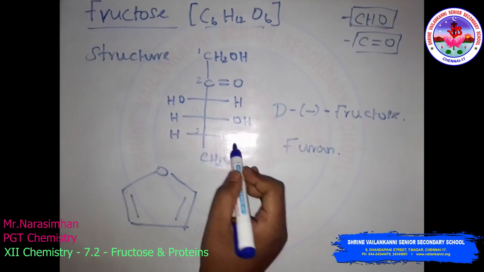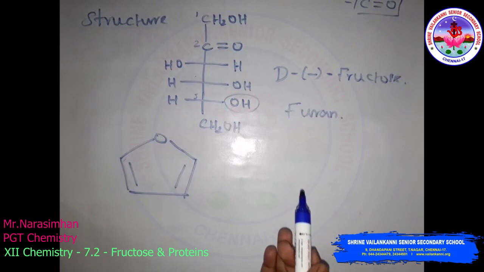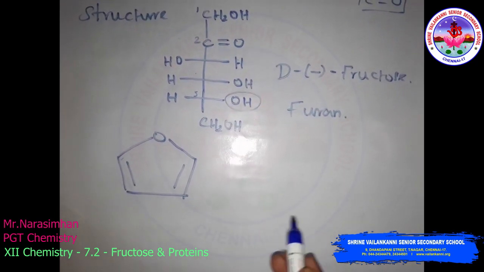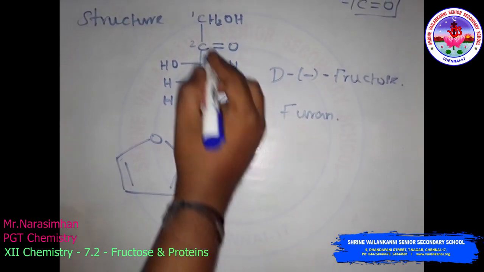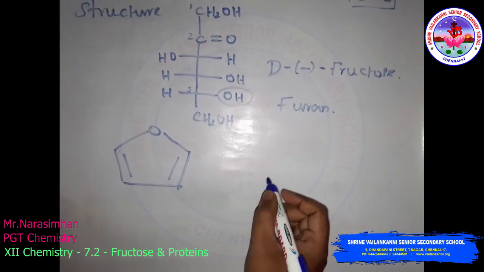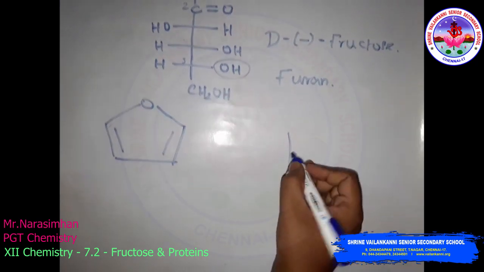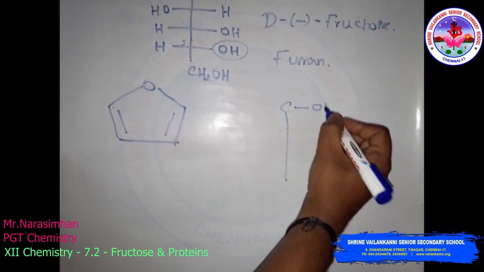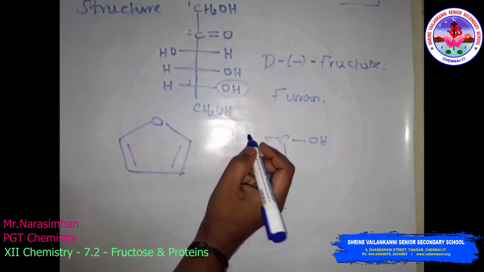Similarly here, there is an oxygen linkage, a furanose structure, so the alpha form and the beta form are called anomers. You can write 1, 2, 3, 4 like this. I am going to write here CH2OH and this CH2OH.